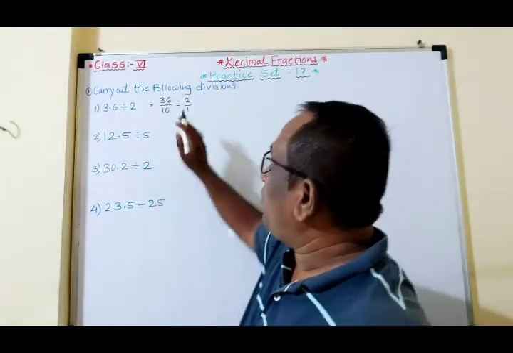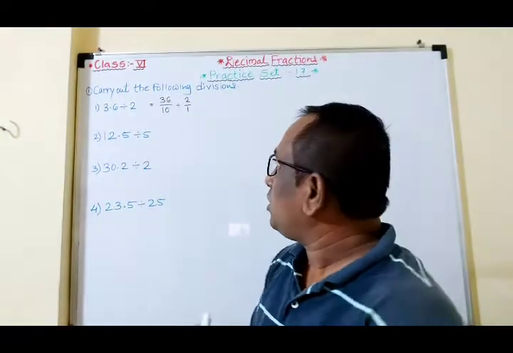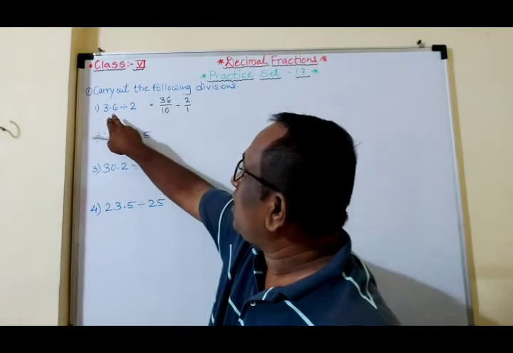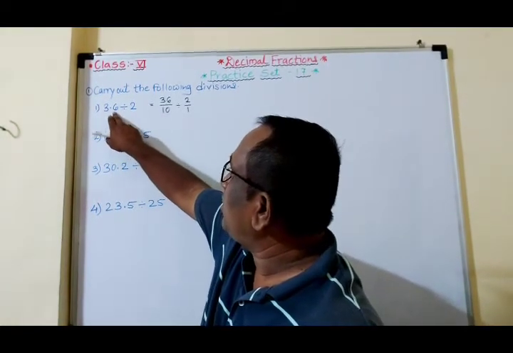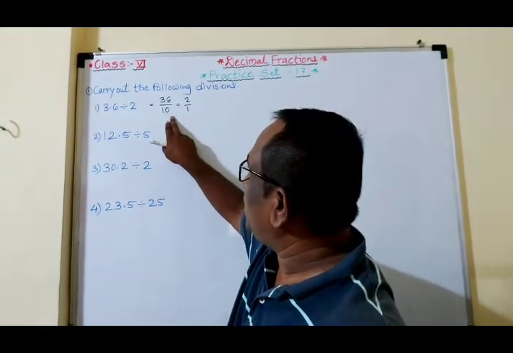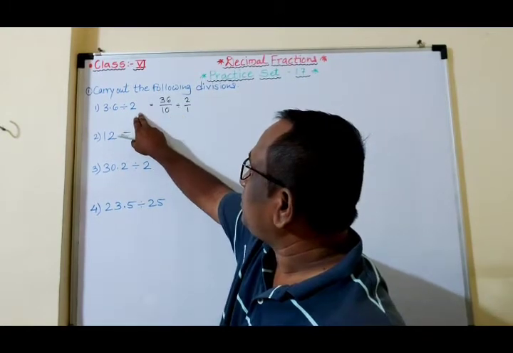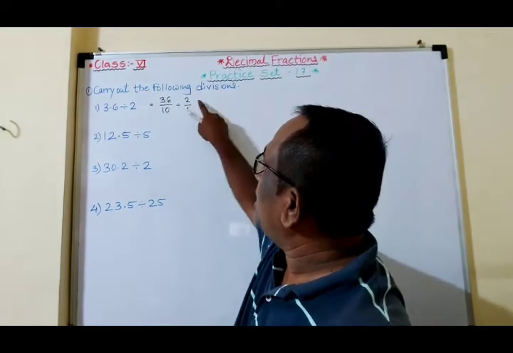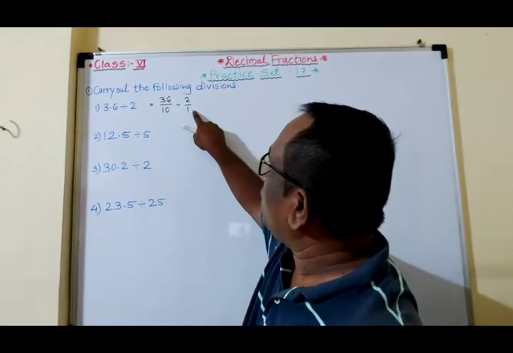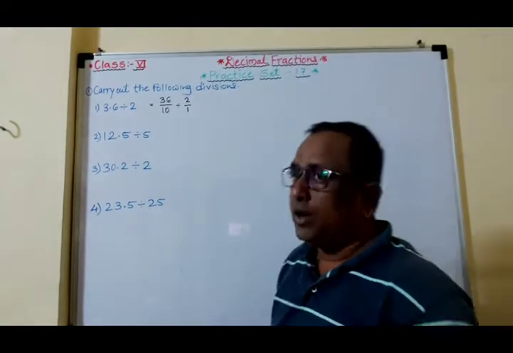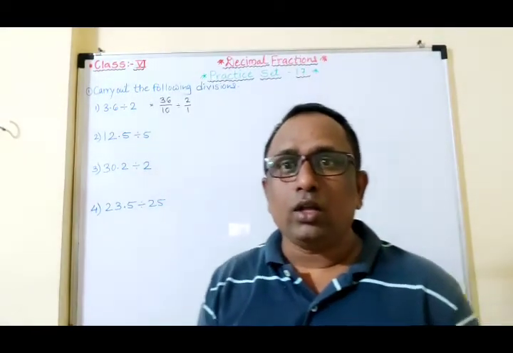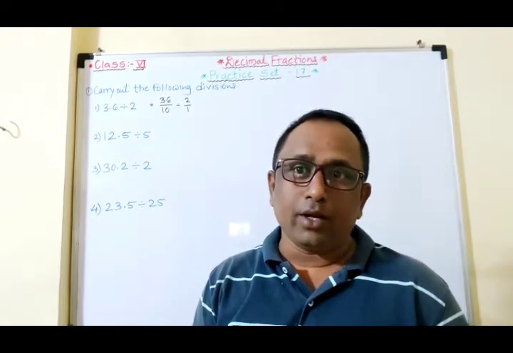Okay. Now first step, you understood what we do here. First we convert the given decimal fraction into fraction, then divided by the second number. There you have to write the denominator 1. Now students, you know what is the reciprocal or multiplicative inverse.